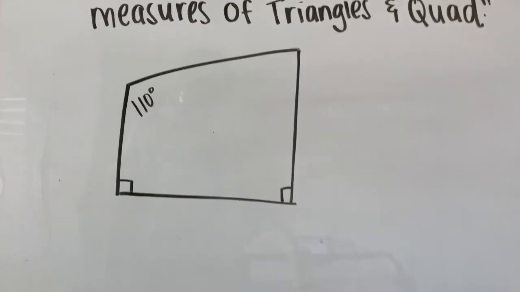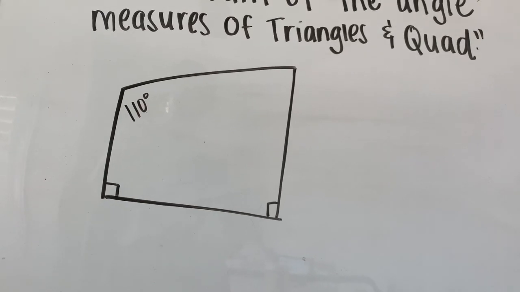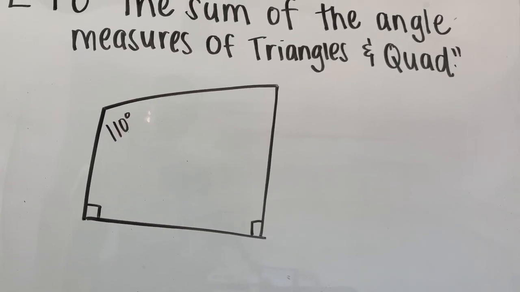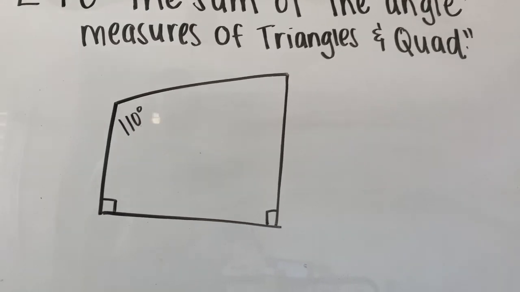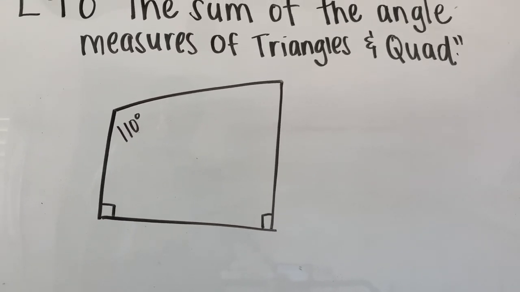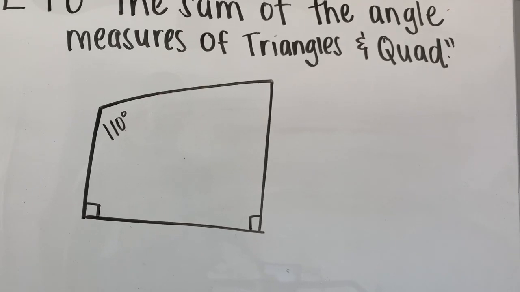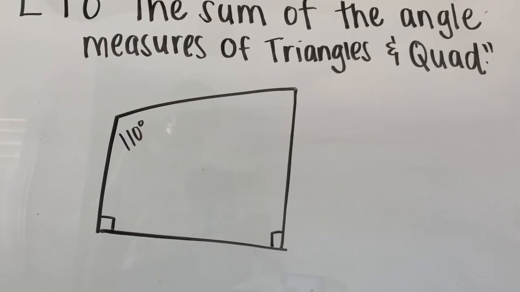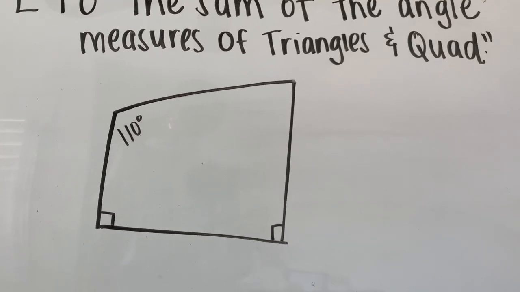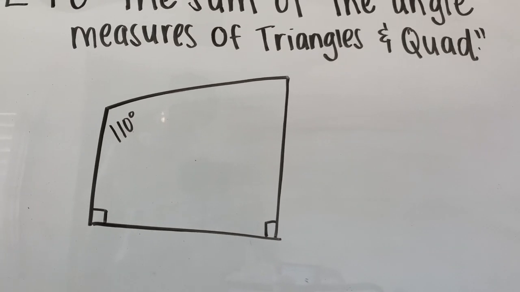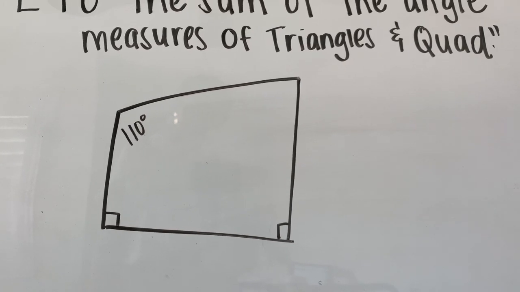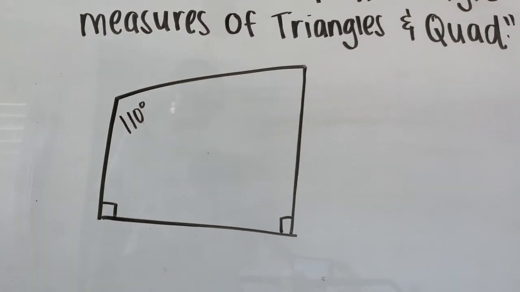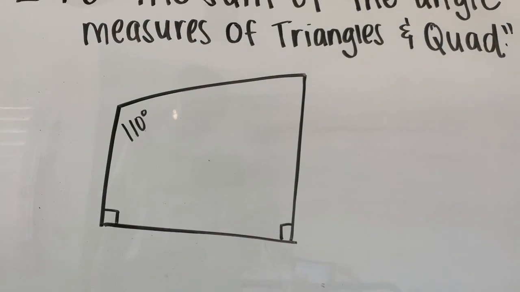All right, now using what we know about triangles, how many degrees would all of the interior angles of a quadrilateral add up to? If you said 360 degrees, that is correct. And we've learned this in the past, but now, how can we find this missing angle? I know that the two bottom interior angles are both equal to 90 degrees. So 90 plus 90 is 180.